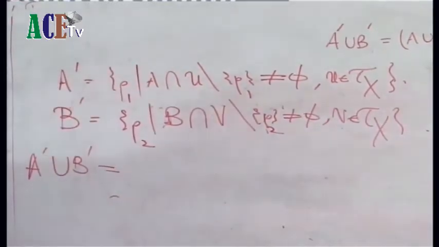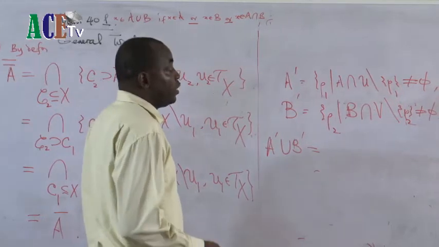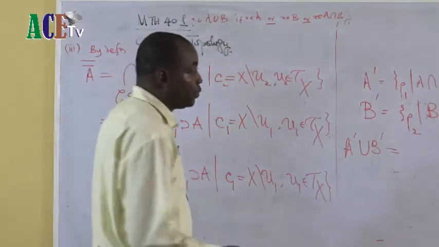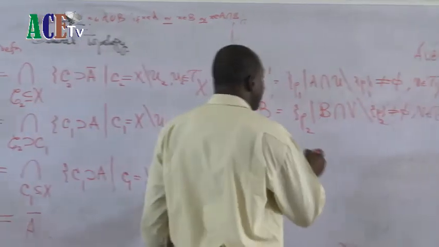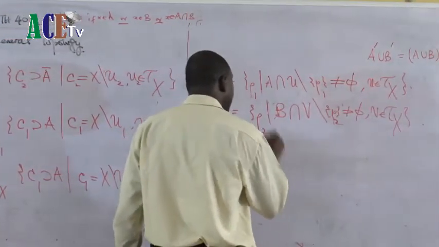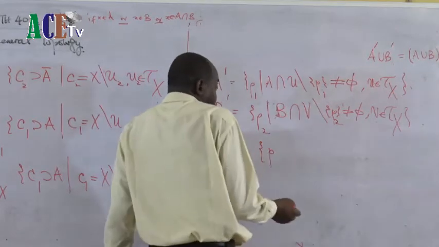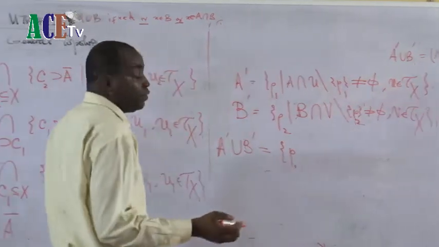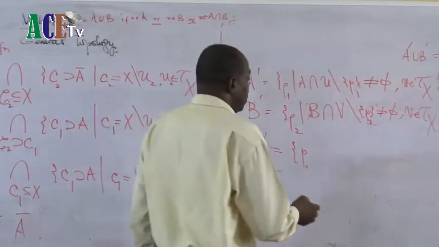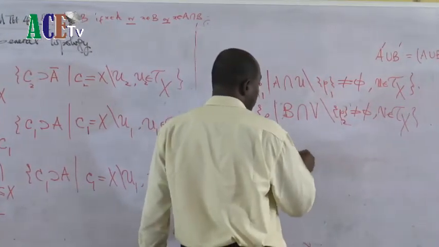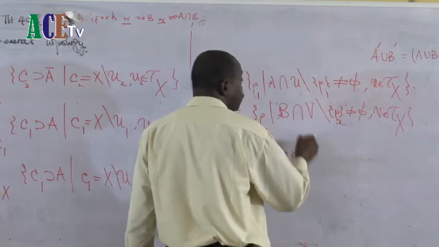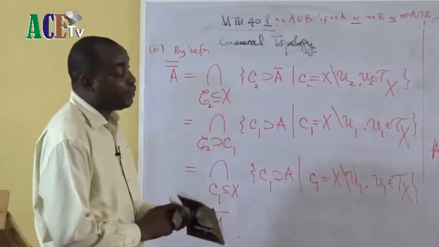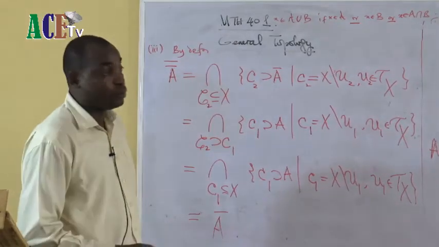It doesn't make any difference. And so, whichever way you want to take the union of this, it will be a set of points. Maybe 1, or it may be 2, because we are talking about union here. When you take union, it may be any of the 2.